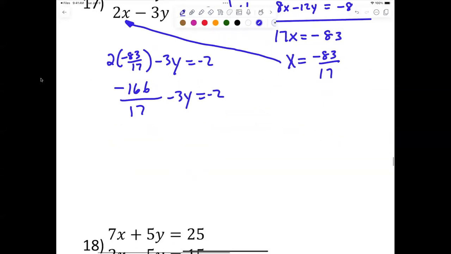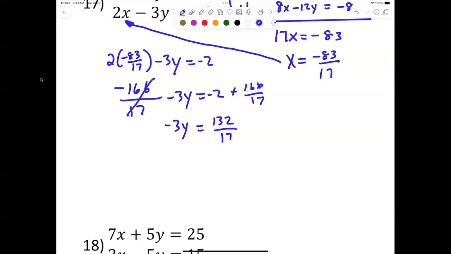So now take negative 3y. Somebody tell me, if I'm adding 166 over 17, what's negative 2 plus 166 over 17? You got your calculator out? Are you doing it on your calculator? Thank you. 132 over 17. Come on, guys, with the calculator now.